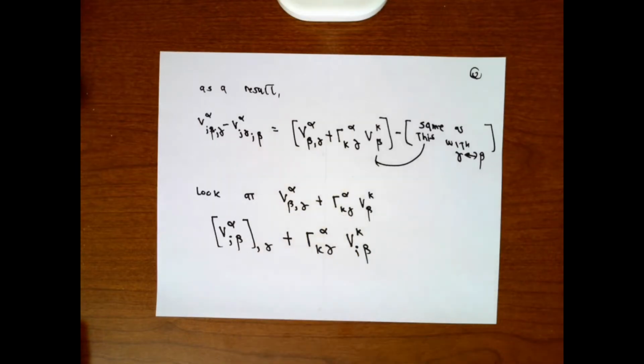Now, V alpha beta is also known as V alpha semicolon beta. It's the alpha beta component of the 1, 1 tensor obtained by doing covariant derivatives on vector V. Likewise, V kappa beta is V kappa semicolon beta. We have formulas for how to write out derivatives, covariant derivatives of various quantities.